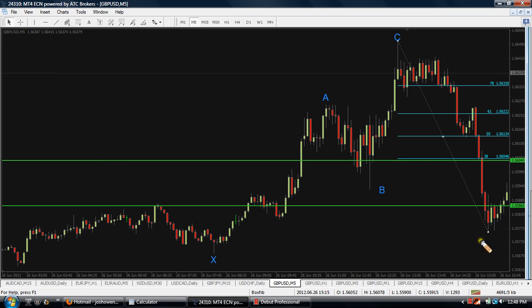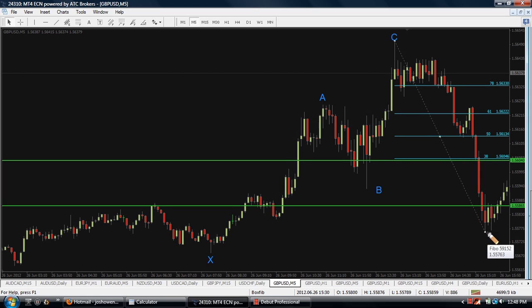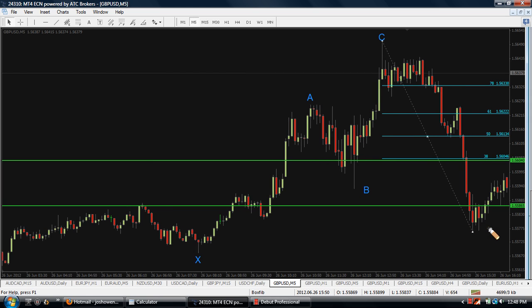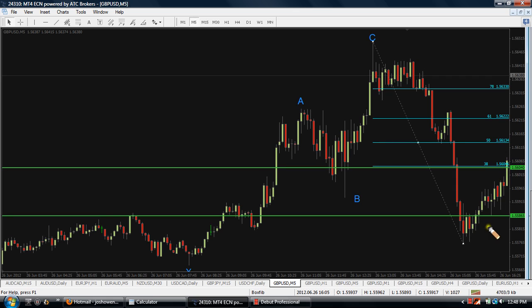fib retrace, as long as this D level right here holds. As long as this is the low, which currently it is the low. If price makes a new low, then we'll adjust those fibs. Price did not make a new low, so we don't need to adjust the fibs. Profit targets stay the same. The first one is taken out here, your first profit target, which is 18 pips.